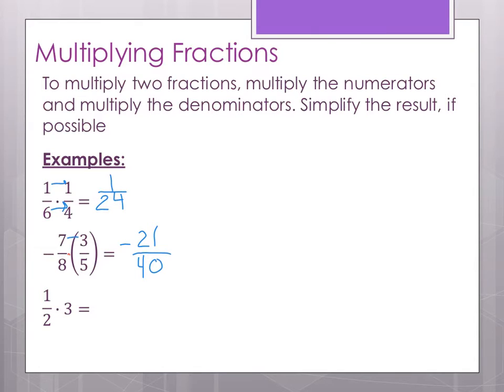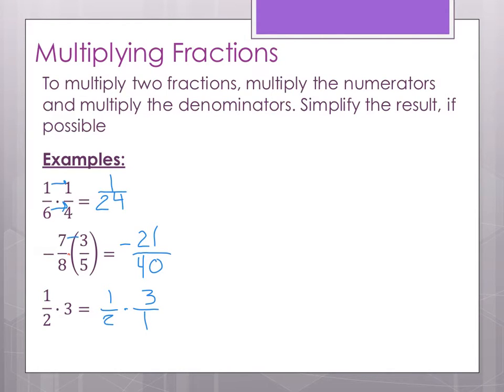Our third example is a little different. I have 1/2 times 3, so I have a fraction and a whole number. When working with fractions, I find it easiest to change everything into a fraction and then follow the rules for whatever operation you're doing. So I'm going to rewrite this as 1/2 times 3/1.